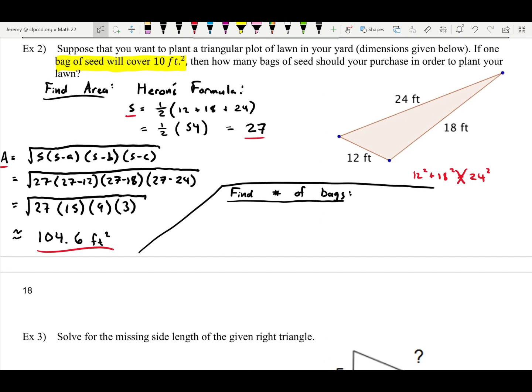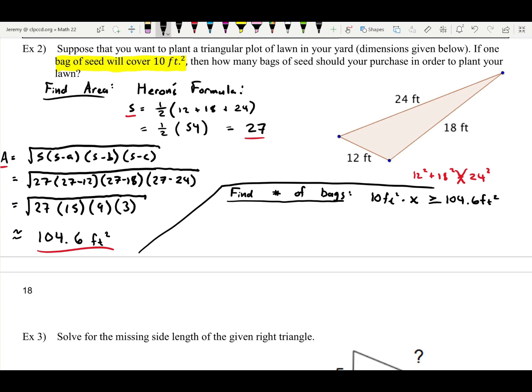And to do this, we're going to have to do division, right? Because really the question here is like 10 feet squared times what? You know, times x is equal to, or I could even think of this as, we want this to be greater than or equal to 104.6 feet squared.